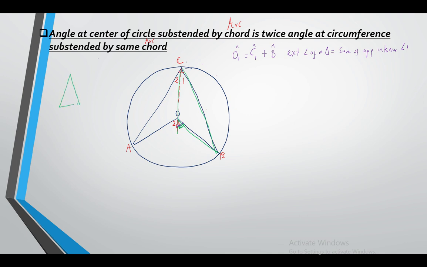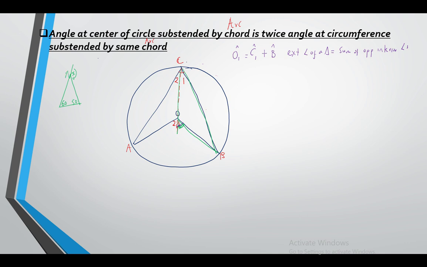Let me show you what I'm talking about. Pay attention to this triangle. This one is 60 and this one is 50. I can tell what the value of x is. The angle x is the exterior angle of this triangle, which is outside the triangle.